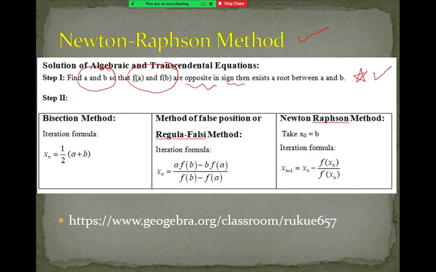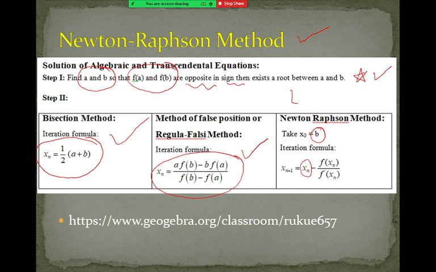Once we get that a and b, in bisection we have already seen this is our formula. In regula falsi, this is the formula that you should remember. Now in the Newton-Raphson method, the formula is actually based on a single point only, because you will observe x_(n+1) depends on x_n only. This x_n is generally b. We always take x_n equal to b, the end point of the interval.